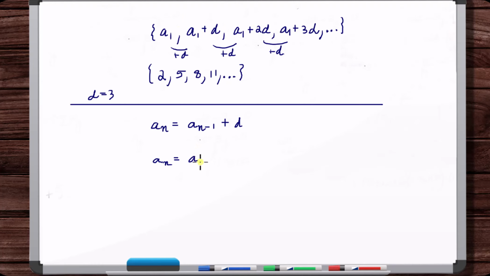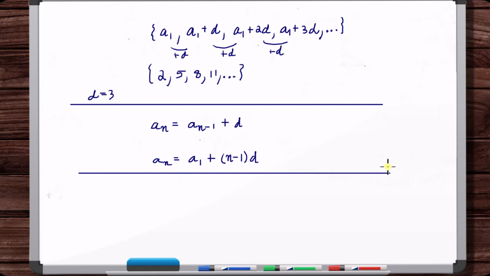Just your starting term plus, and if we're starting at n equals 1, then we would have to do n minus 1 times d, because you'd start off at n equals 1, so this would go to 0, and you start off at a sub 1. Then at n equals 2, you'd have 2 minus 1, 1 times d, so a sub 1 plus d, then a sub 3 would be a sub 1 plus 2d, see? And so this is a simple sequence.